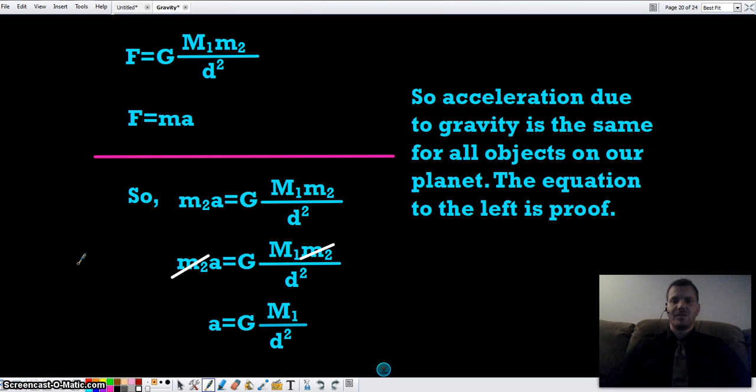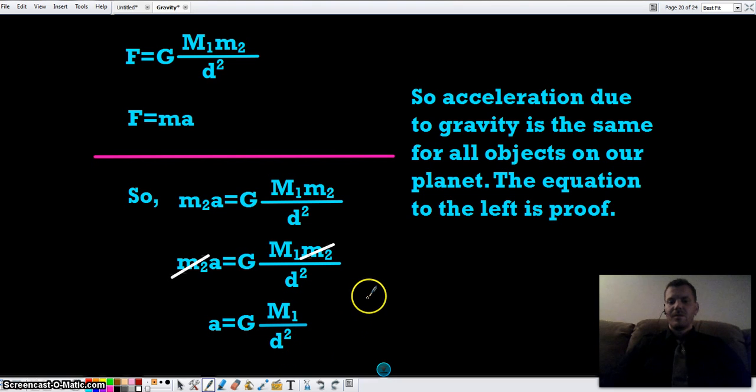So the acceleration due to gravity is the same for all objects on our planet. The equation to the left here is proof. But when I say all objects on our planet, that's not necessarily really true, because the distance can change from the center of the Earth.